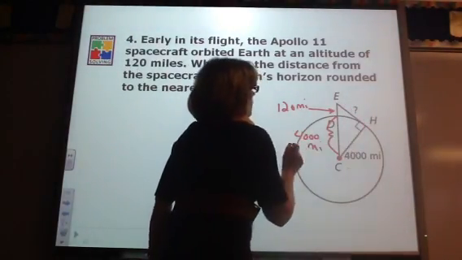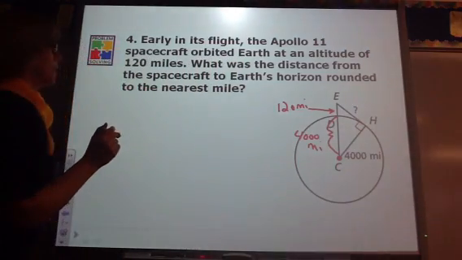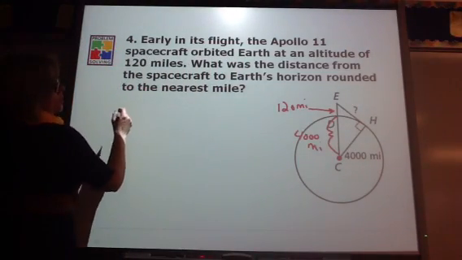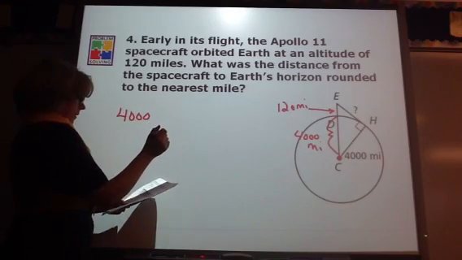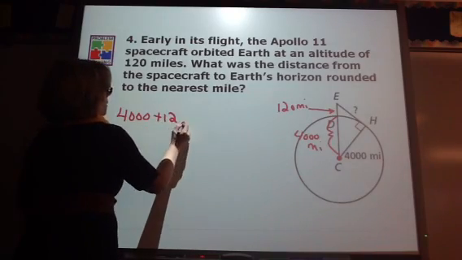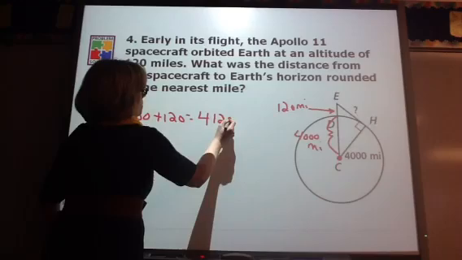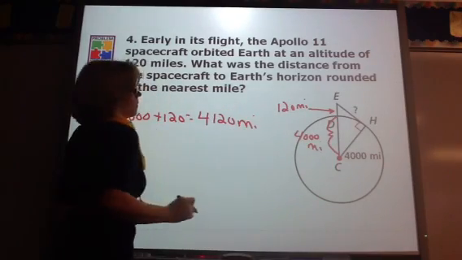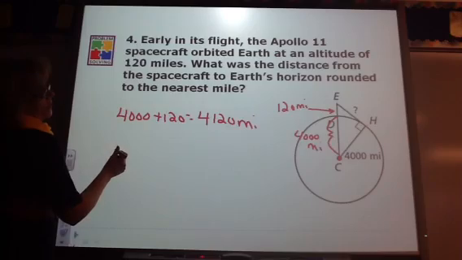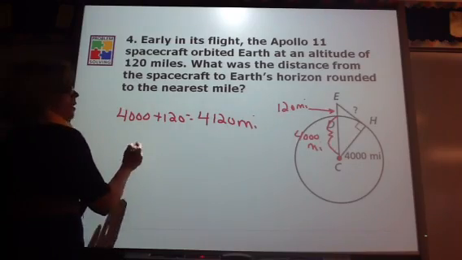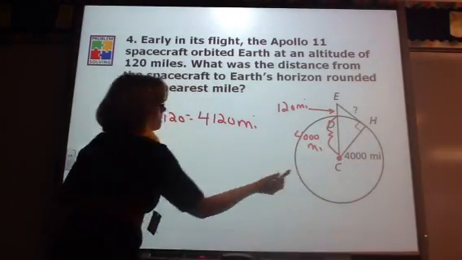Well, I've got a right triangle, and my hypotenuse is 4,000 plus 120. Okay, so what I can do is take my hypotenuse, which is EC.